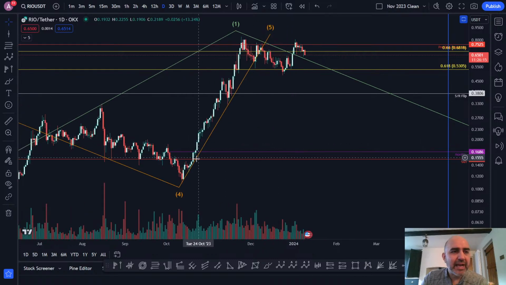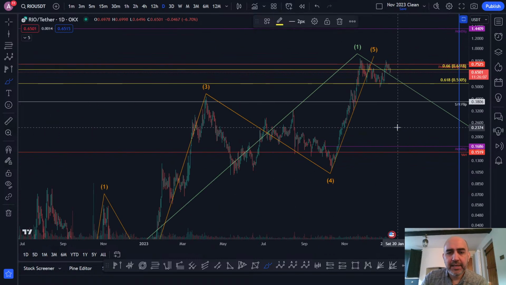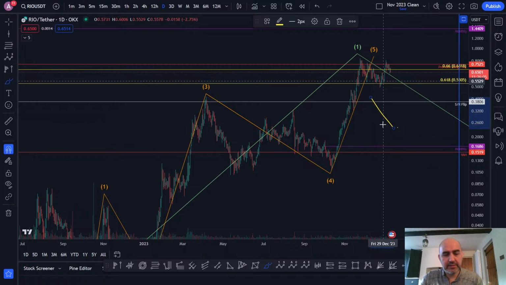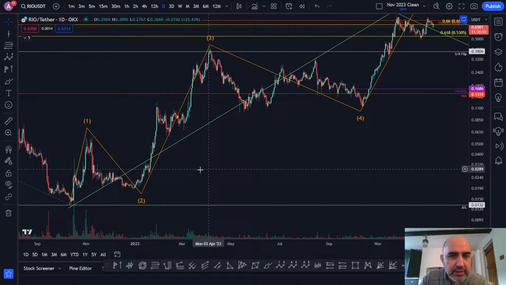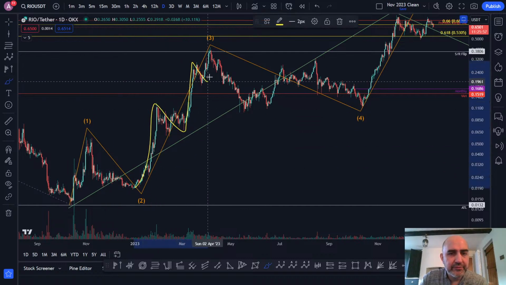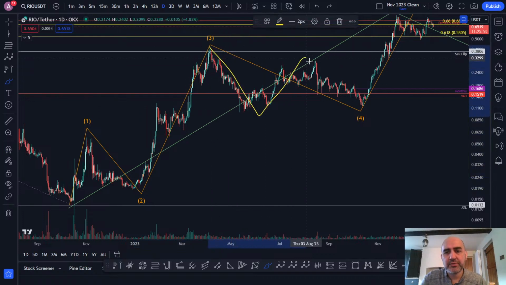You see this rally? Look at this rally. That's done now. We're in consolidation now. That's your wave 5. And this looks like a 5 wave on the wave 3. 1, 2, 3, 4, 5. And then you have this whole 1, 2, ABC.